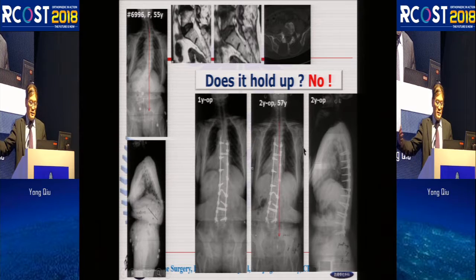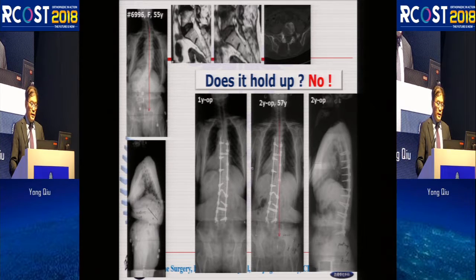However, at 2 years follow-up, with time, you can see the patient developed coronal imbalance. So the conclusion is that a healthy L5-S1 disc doesn't mean that if you stop at L5, the instrumentation will hold up.